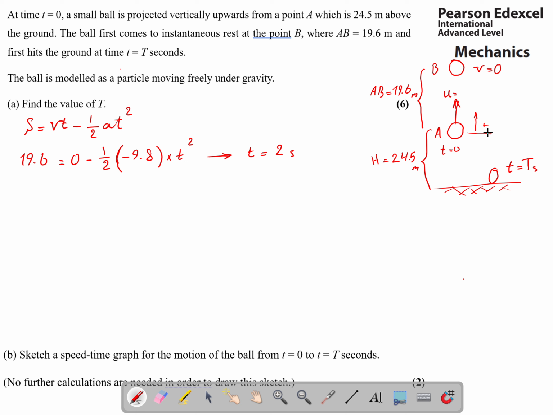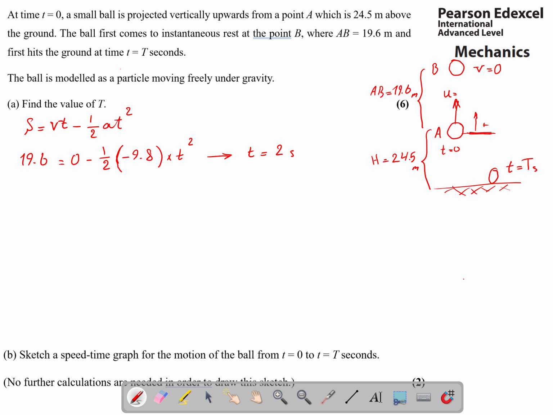And since A is our origin, the points below this point will have negative displacement. So we are going to use the formula a equals v minus u divided by t, since we have the acceleration minus 9.8.